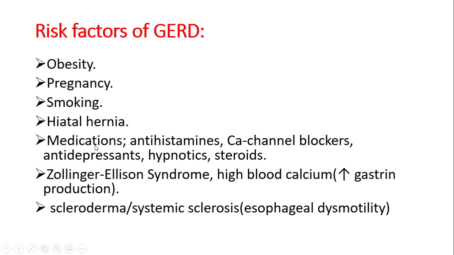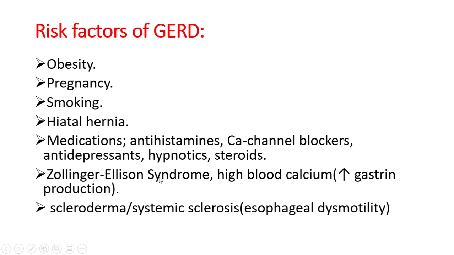Medications: there are certain medications or treatments associated with an increased risk of reflux disease, including antihistamines, calcium channel blockers, antidepressants, hypnotics, and steroids. These are associated with dilatation or incomplete closure of the lower esophageal sphincter.